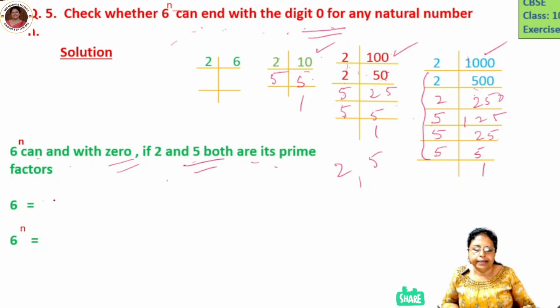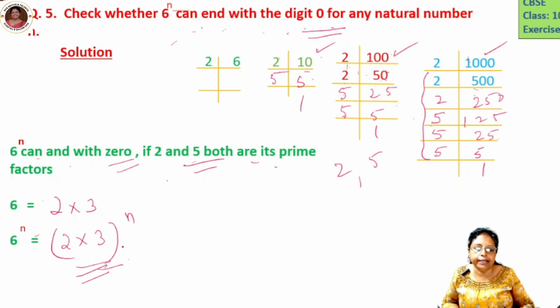Now if you factorize 6, it is 2 times 3. 6 raised to n means (2 times 3) whole raised to n. By the fundamental theorem of arithmetic, we have seen that prime factorization is unique.